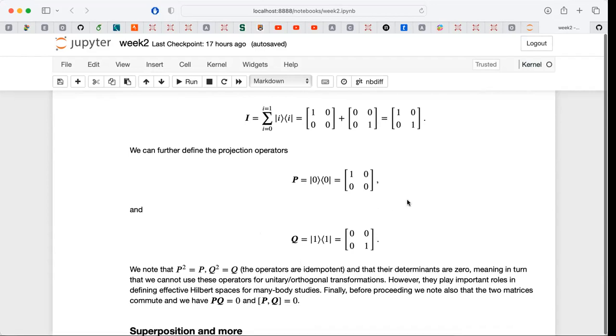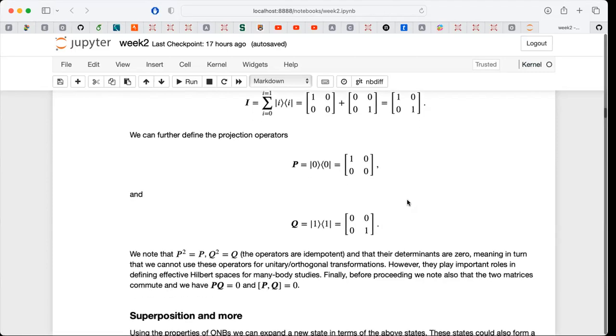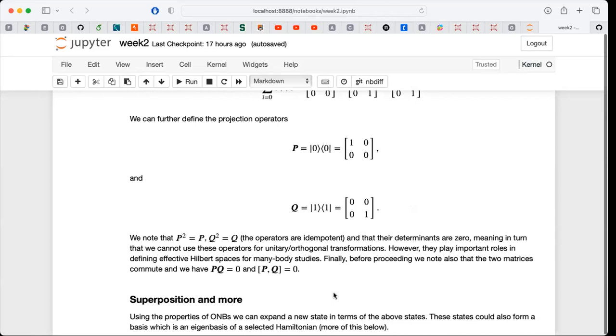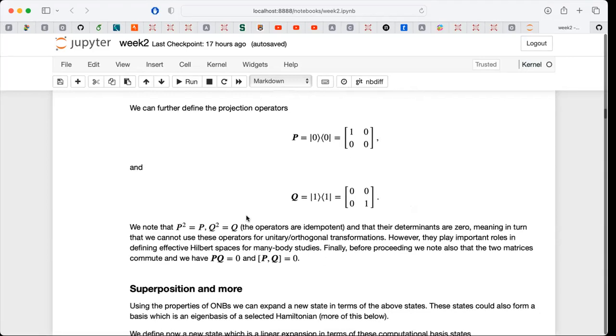You're going to encounter them a little bit later, and they are useful when we do many-body physics and want to project out specific states. These two operators commute with each other, and P times Q is equal to 0. For those of you who have studied many-body physics, you probably encountered these operators, since they are used to project out specific degrees of freedom.